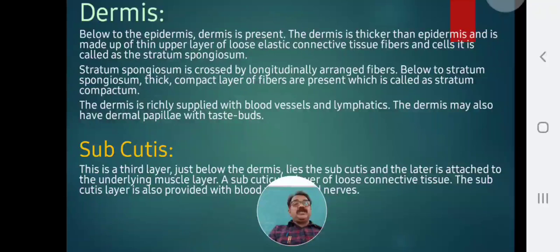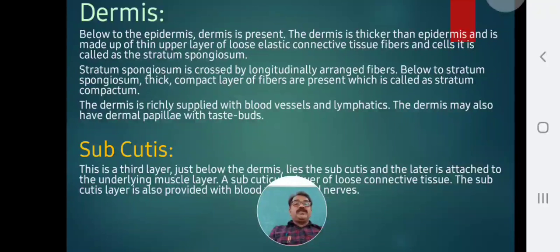Stratum spongium is the loose elastic connective tissue layer, which is the upper layer, and from this cell layer the dermis is formed and developed.